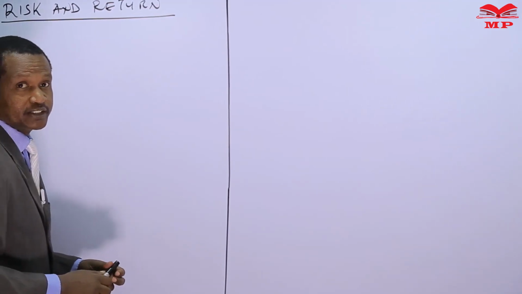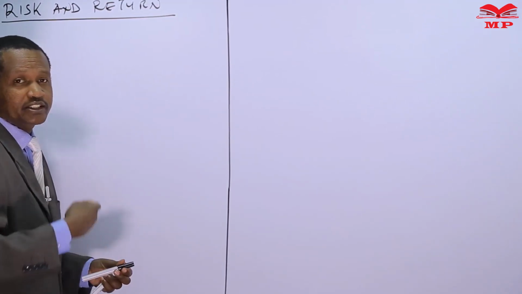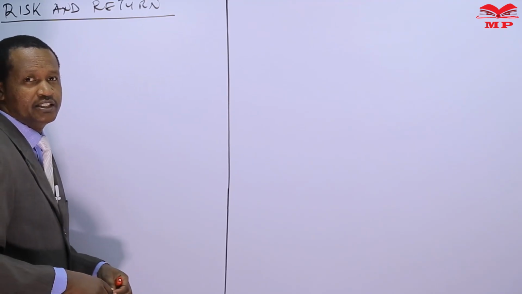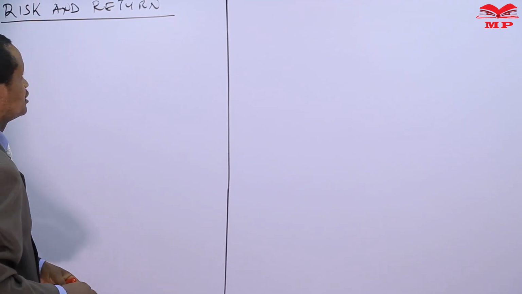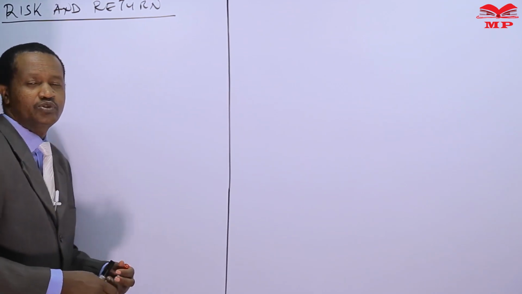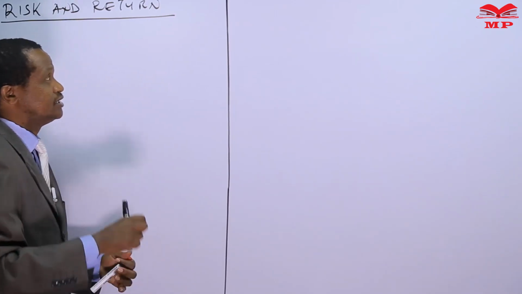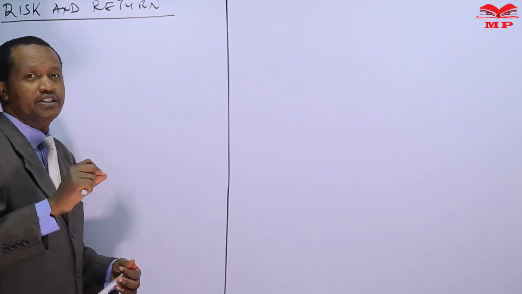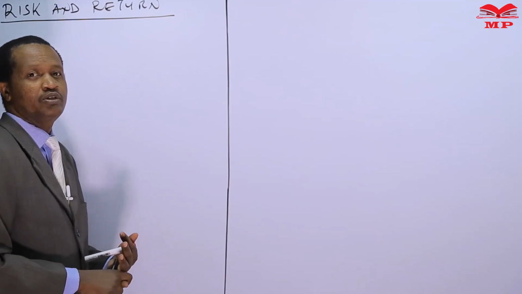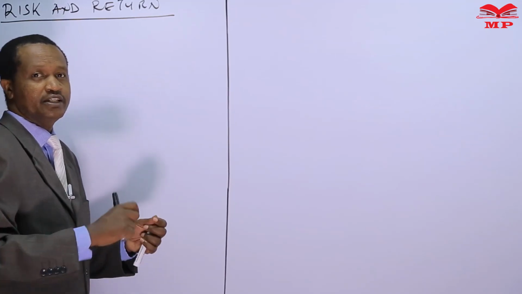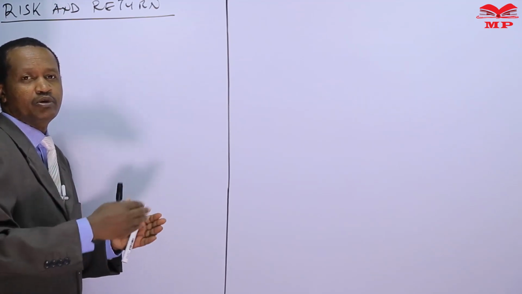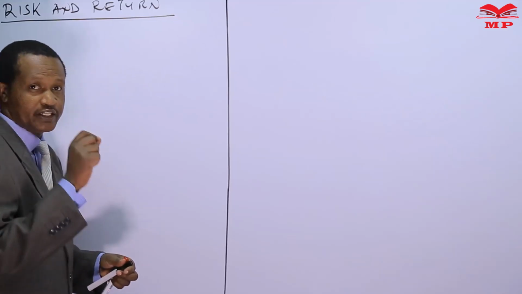We looked at an example last time that helped us to understand how to estimate expected return. For you to estimate expected return, you need to come up with possible returns together with the respective probability of outcome of that return.